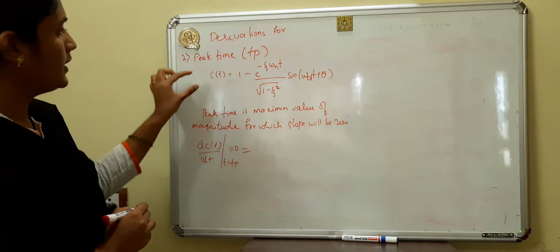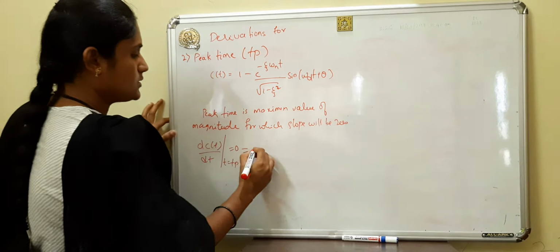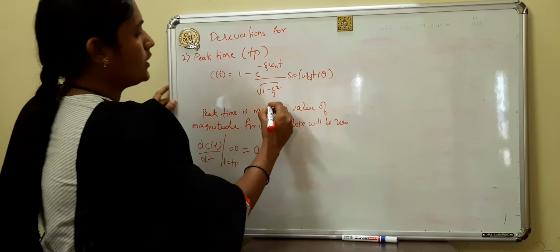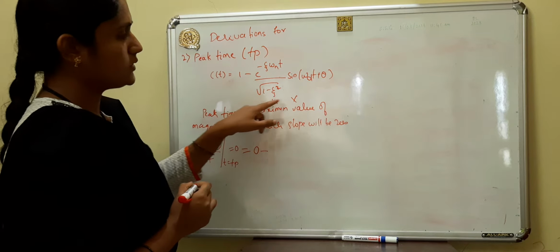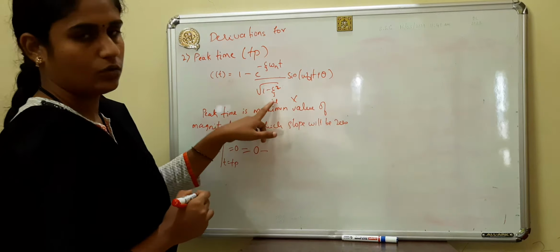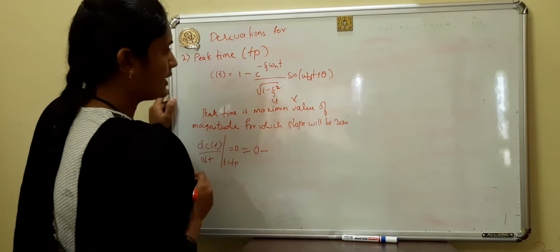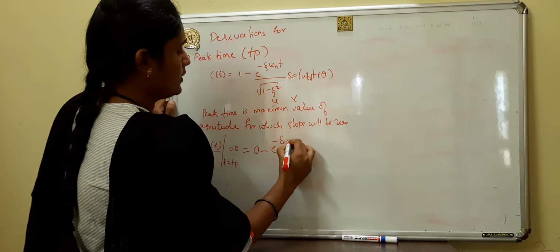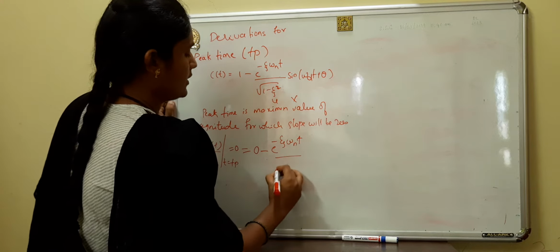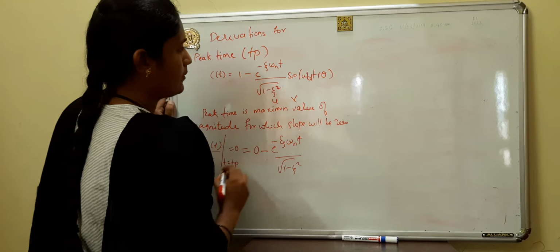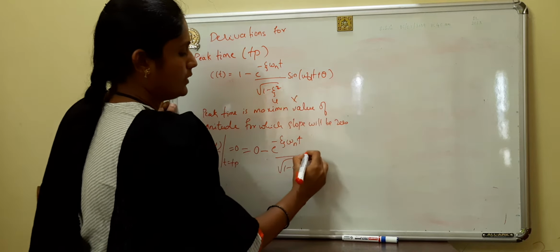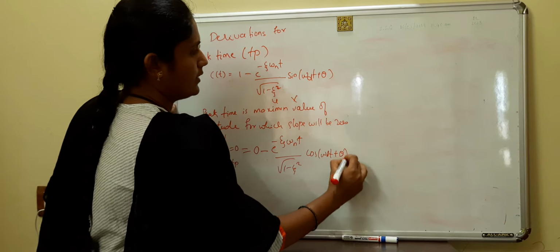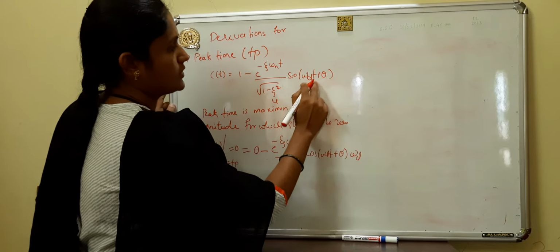And it is given by the differentiation of this. The differentiation of the constant term is 0, minus the differentiation of this. Here we are using the uv rule: u constant, dv by dt, and v constant, du by dt. First we will keep this as constant, that is e raised to minus zeta omega n t divided by square root of 1 minus zeta square. We will get it as it is. The differentiation of sin will be cos of omega d t plus theta into omega d. This is the differentiation of the inner one.